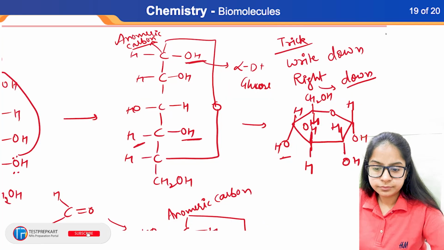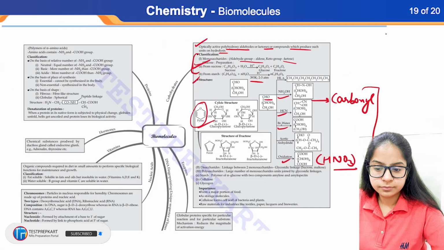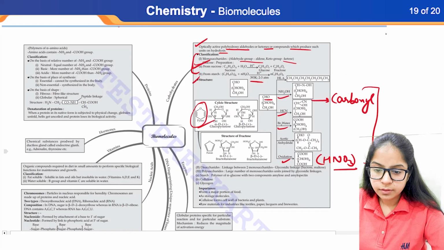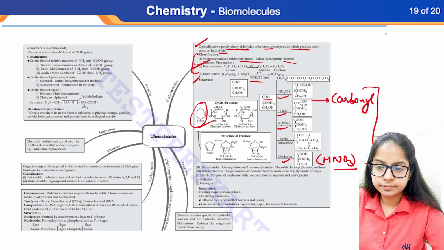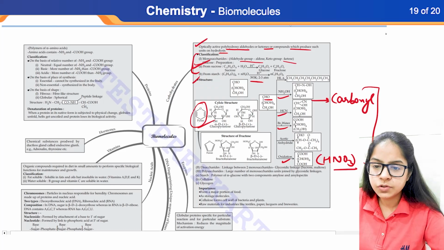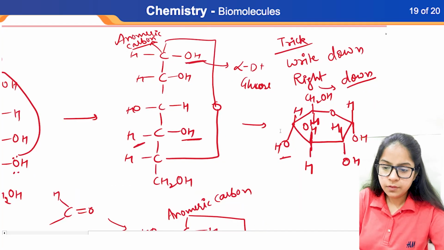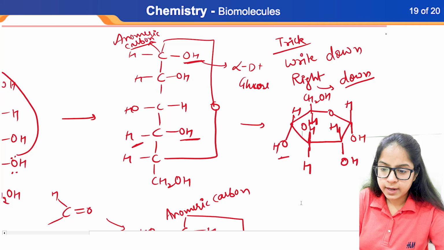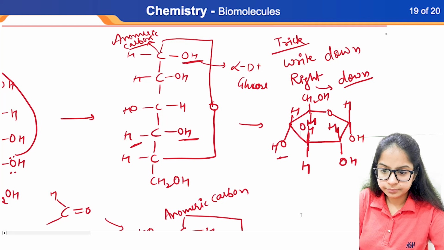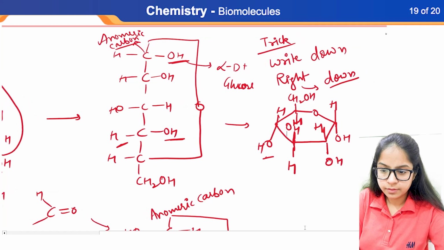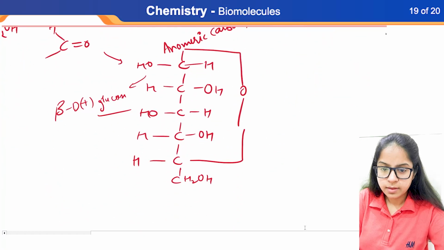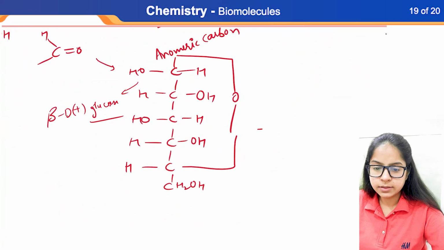Now, the next one is here. There is some mistake in the structures, but I am showing you. Okay. Now, if you got to know these structures, then how can we make this structure?